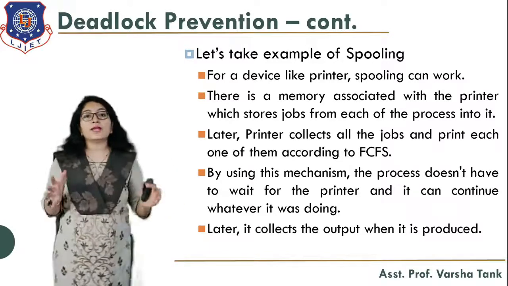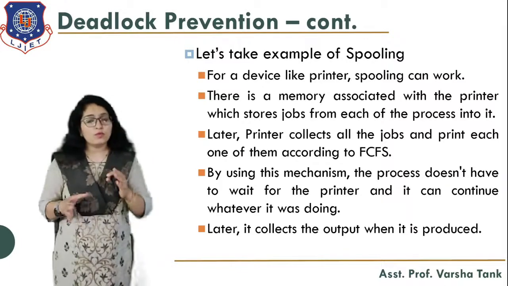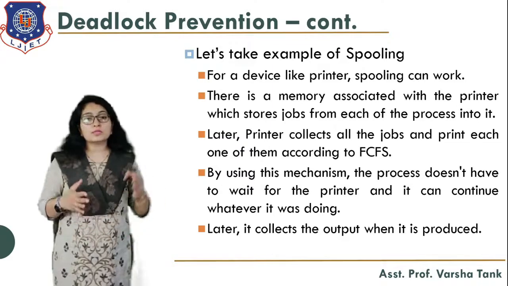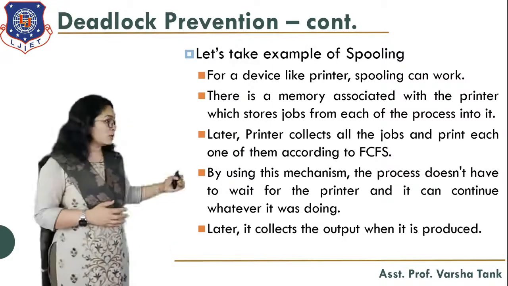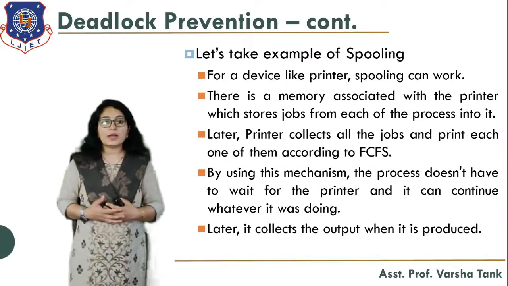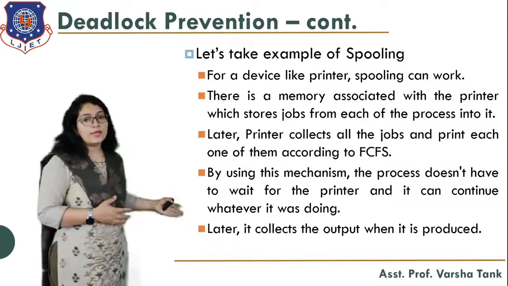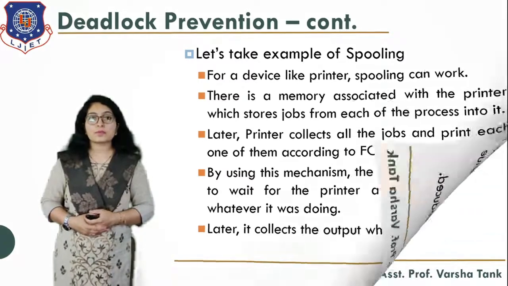Later the printer will collect all the jobs and print each of them according to the FCFS, first come first serve algorithm. Whichever process has arrived first will be executed first. By using this mechanism, the process does not have to wait for the printer and can continue whatever it was doing. Later it collects the output when it is produced.